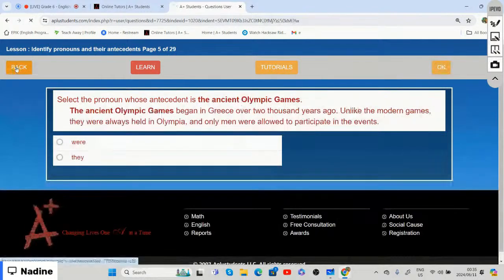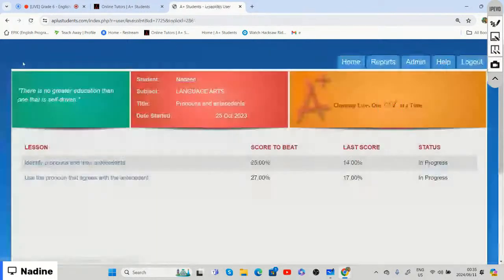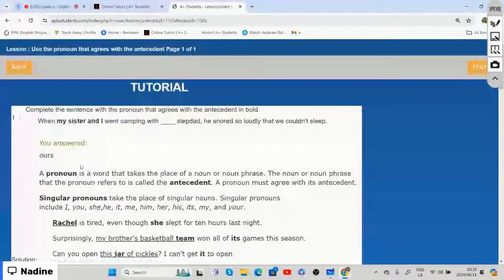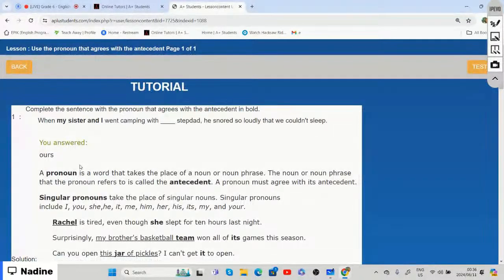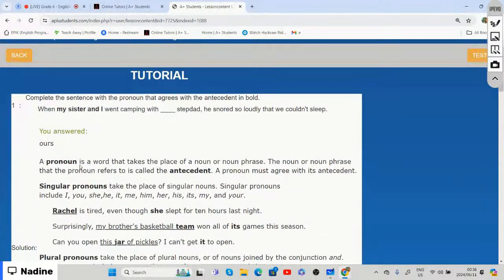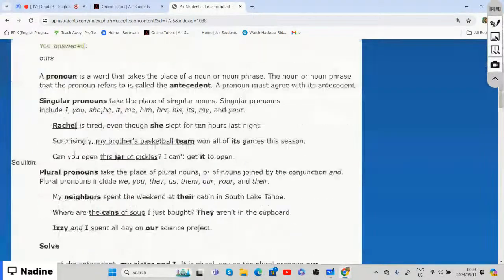All right. Now we're going to use the pronoun that agrees with the antecedent. A pronoun is a word that takes the place of a noun or a noun phrase.